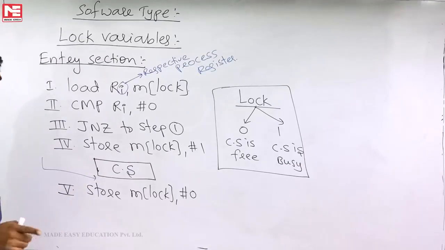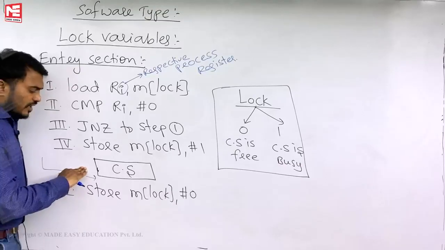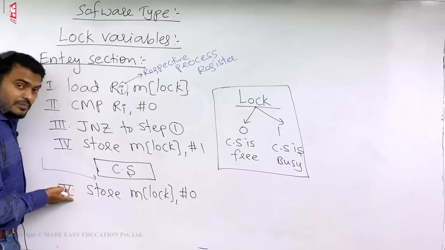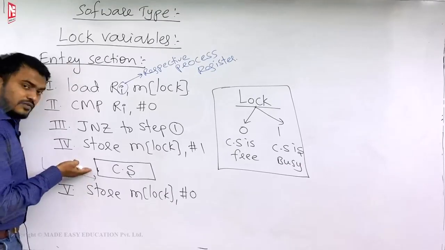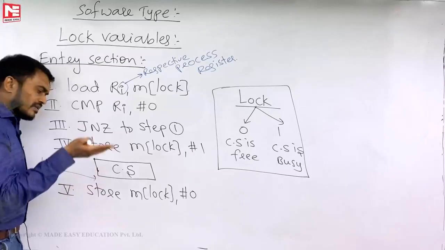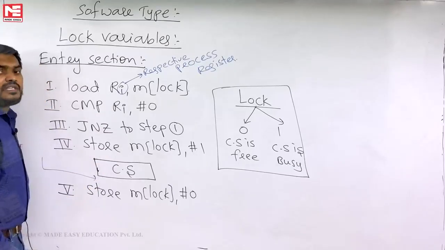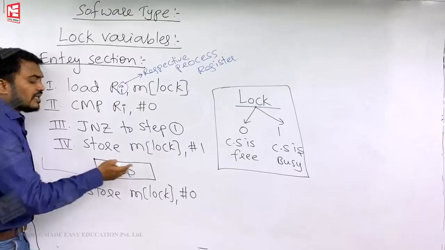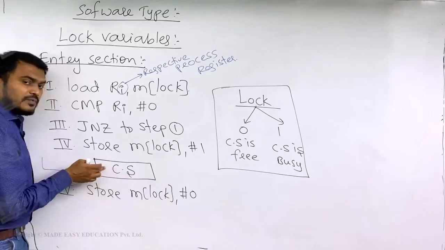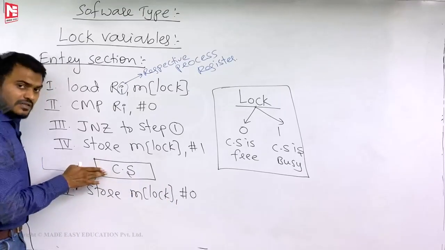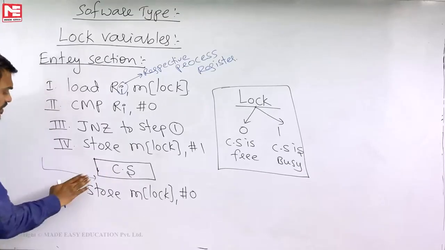That is wrong. Even if you take preemption before executing step number 5, it means the process is still inside the critical section only. Until the process makes the lock value 0, you have to consider the process inside the critical section. So that is an important point you should remember.